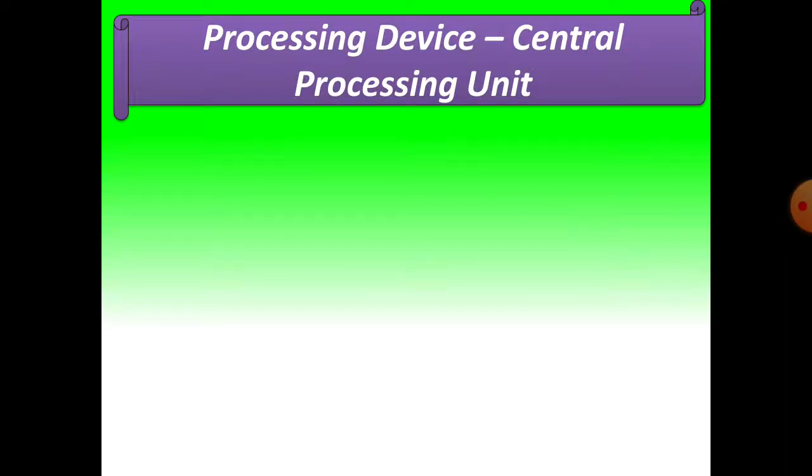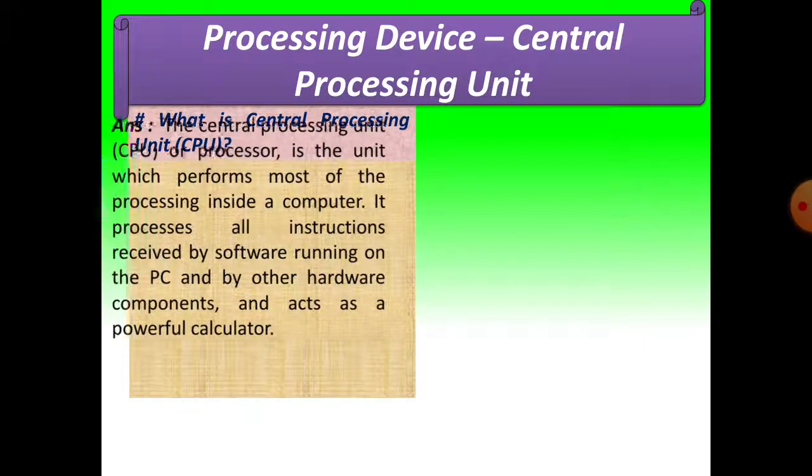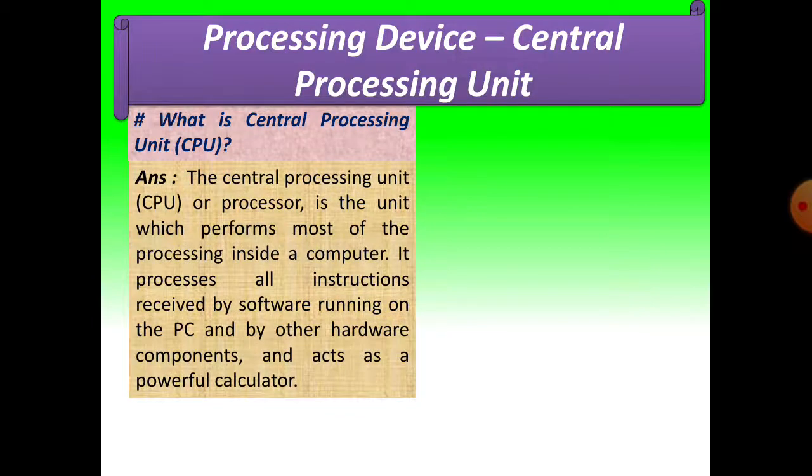And this is an important topic, processing device or central processing unit. What is central processing unit or CPU? So the answer is the central processing unit or CPU or processor is the unit which performs most of the processing inside a computer.